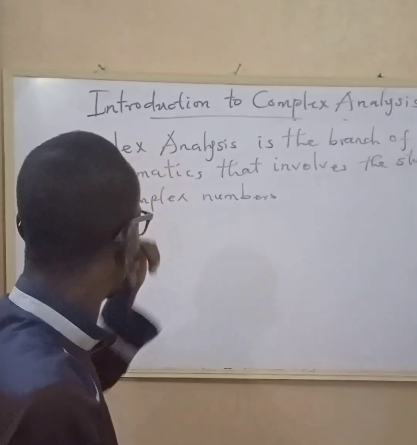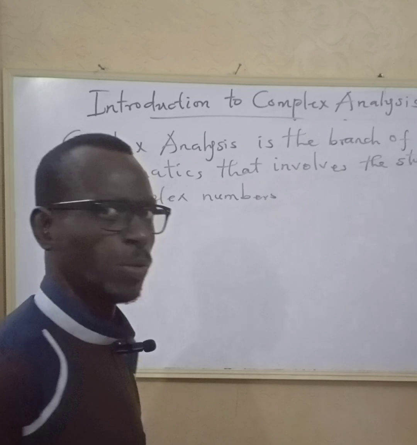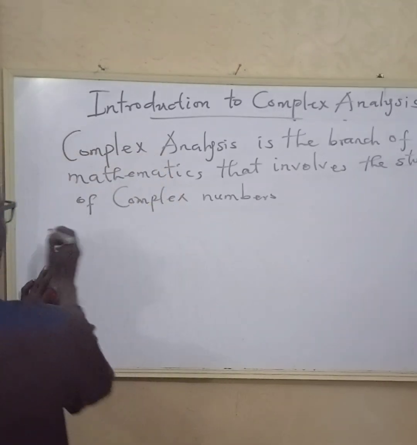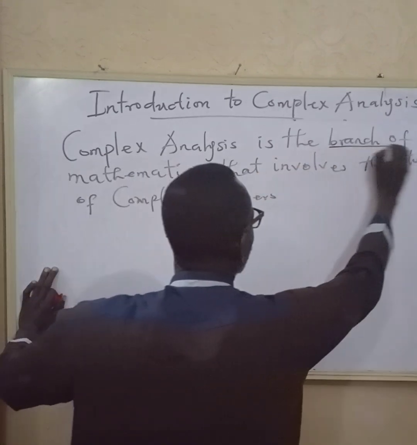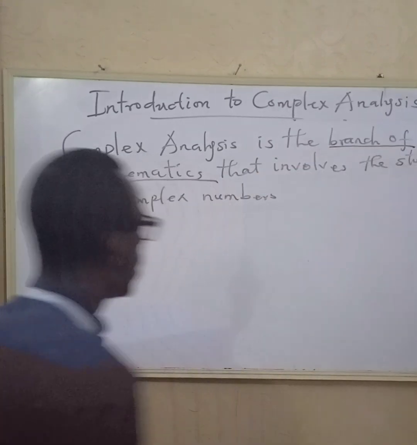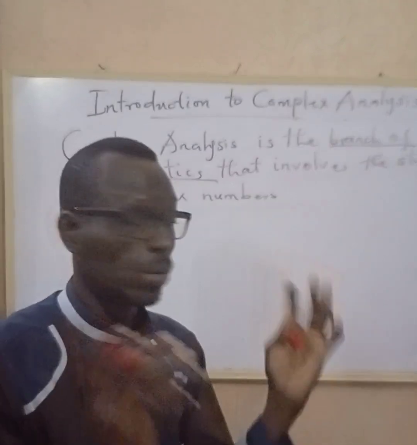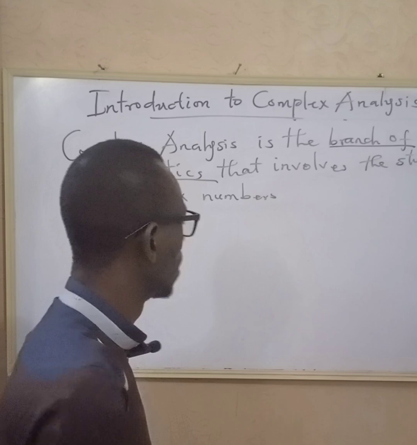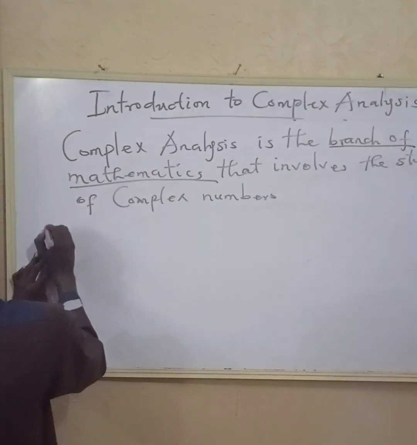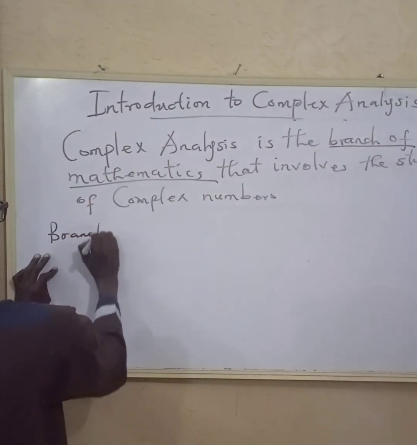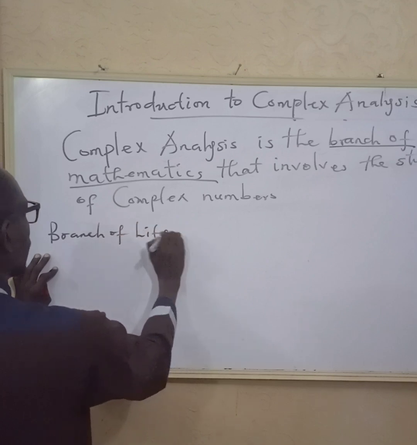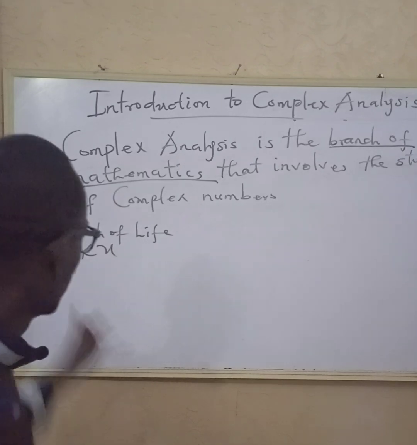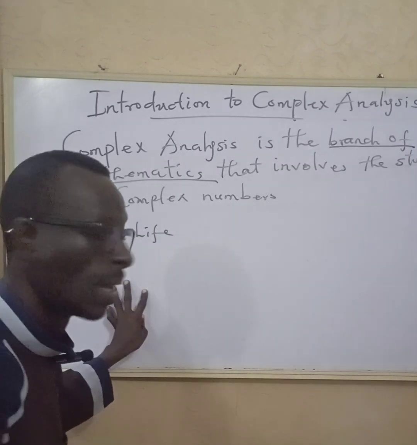At this point, we have to look at each of the words so that we'll be able to bring out what we are talking about. So we talk about the branch of mathematics. We underline this branch of mathematics. The branch of mathematics has to do with the branch of life, as we have said in our earlier video in general mathematics, whereby we have a branch of life, the WKU system, which is the wisdom, knowledge, and understanding system.